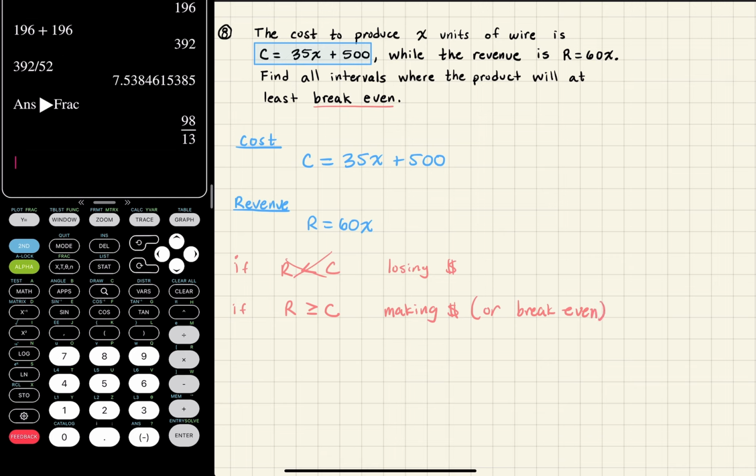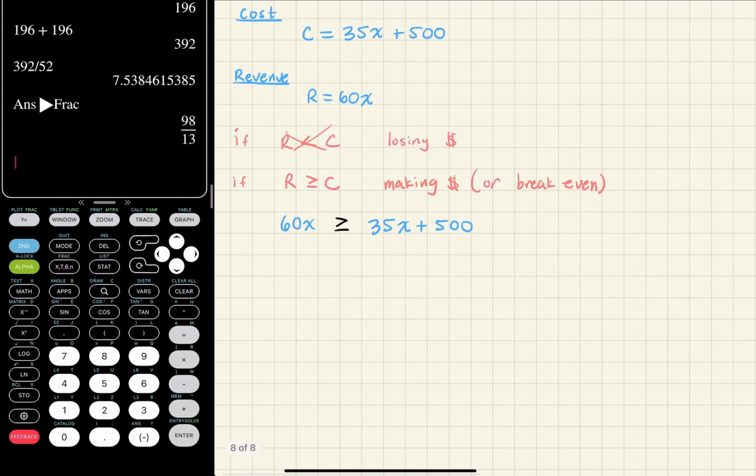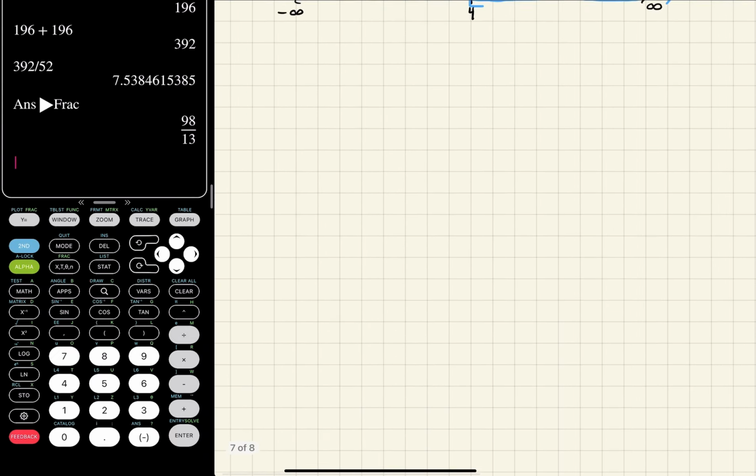So this question is asking, where will the revenue be greater than or equal to the cost? So where will 60x, which is our revenue, be greater than or equal to our cost? So this is just an inequality problem just like we did up here.